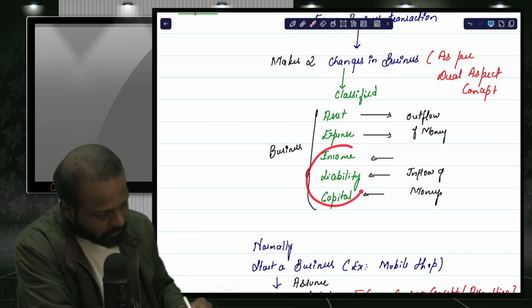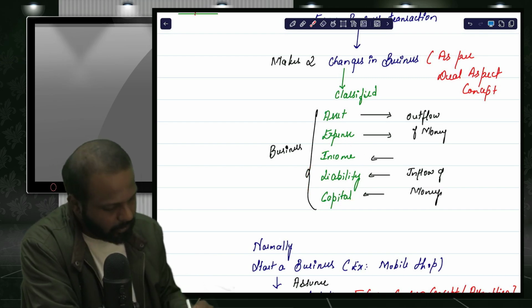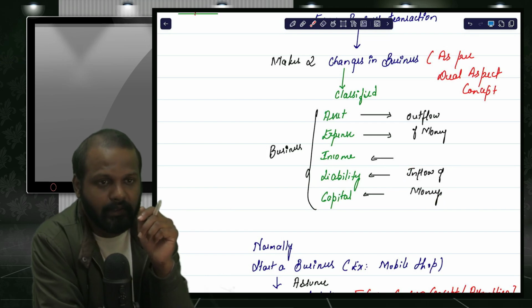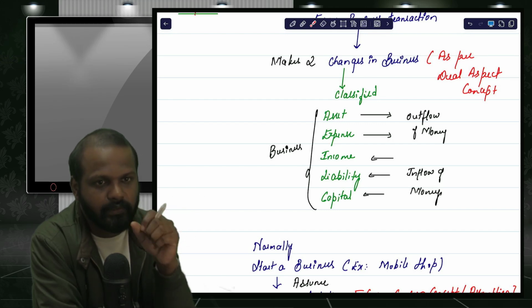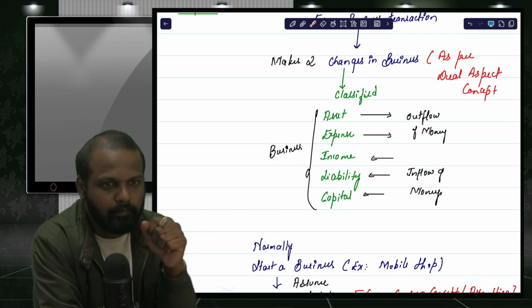But in these three things, income, liability and capital, one thing is common: there is inflow of money. For example, fees collected from the student, college fees or tuition fees. For me, it's an income.